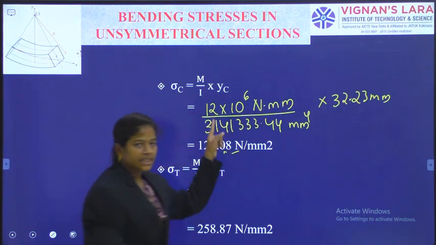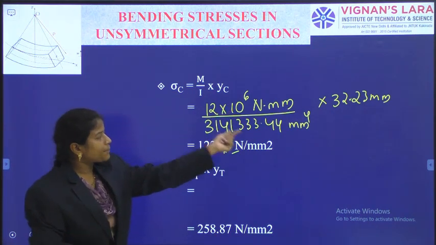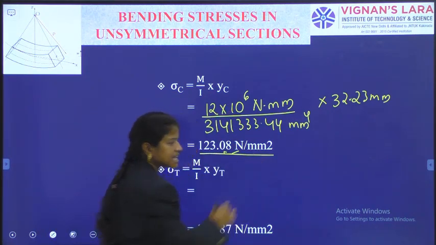Multiplying all these, we get the sigma C answer in Newton per mm square.